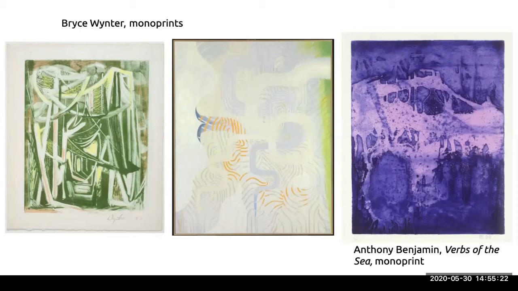This Anthony Benjamin work on the right, I think, is a fantastic example of allowing materials and the organic quality of materials to speak for themselves. So this beautiful purple print has the texture of something that you might find on accident, or something you might find in nature or in moss or on tree bark.